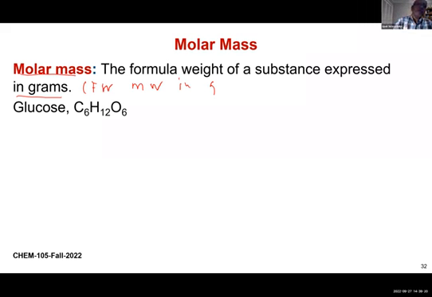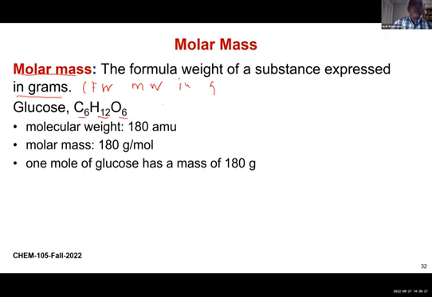For example, glucose is C6H12O6. You add atoms. How do you get that? 6 carbon added with 12 hydrogen plus 6 oxygen. When you use the atomic masses, hydrogen is 1, carbon is 12, oxygen is 16, you get 180.